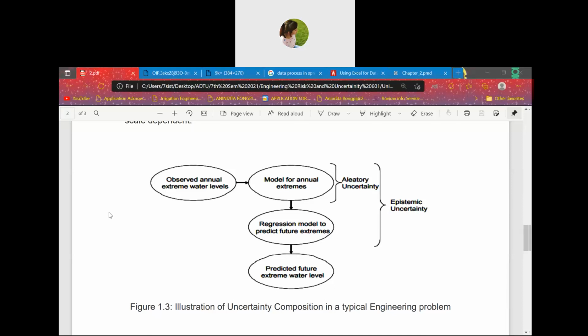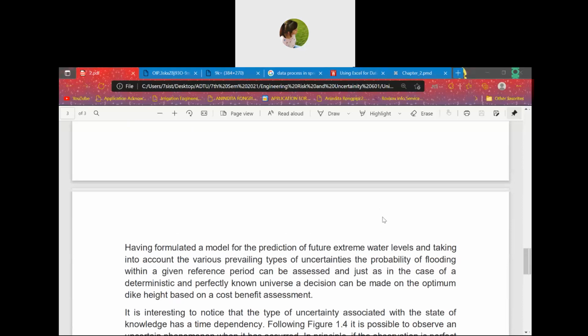So, having formulated a model for the prediction of future extreme water levels, as mentioned in the diagram, and taking into account the various prevailing types of uncertainties, the probability of flooding within a given reference period can be assessed. So how long or how high the flood will be can be assessed.